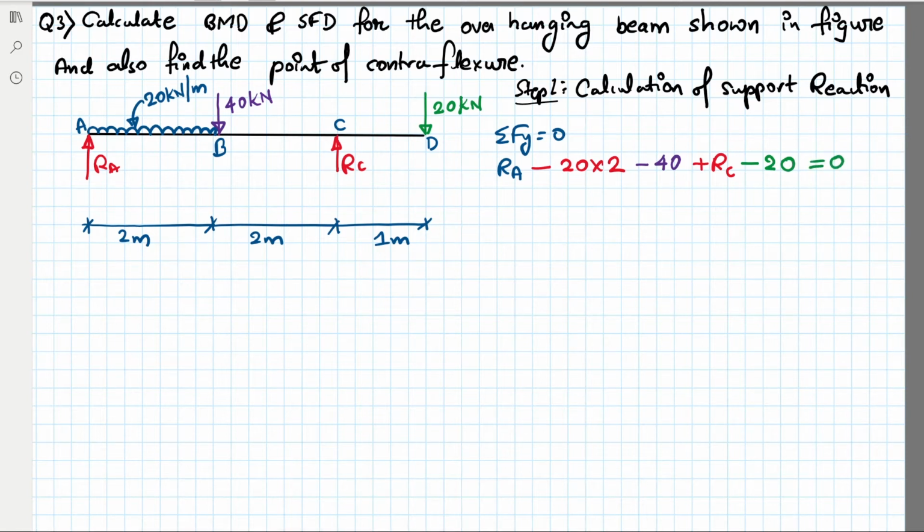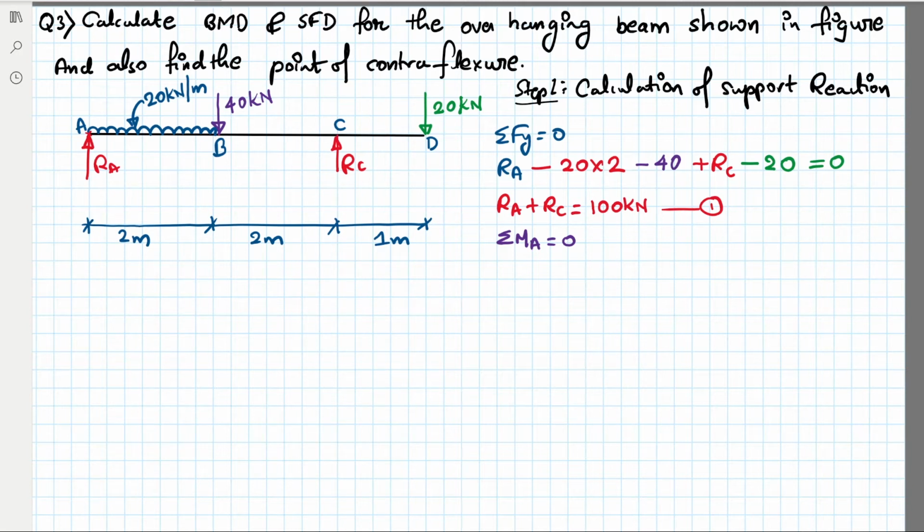If I do the calculation, I will get RA plus RC equal to 100 kilonewton. I will take this as equation number 1. I am going to apply one more equilibrium condition, that is summation of moment about A equal to 0. If the system is in equilibrium, the summation of moment about any point should be 0.